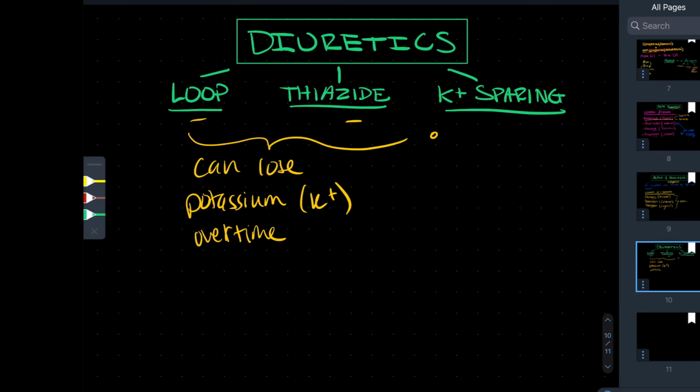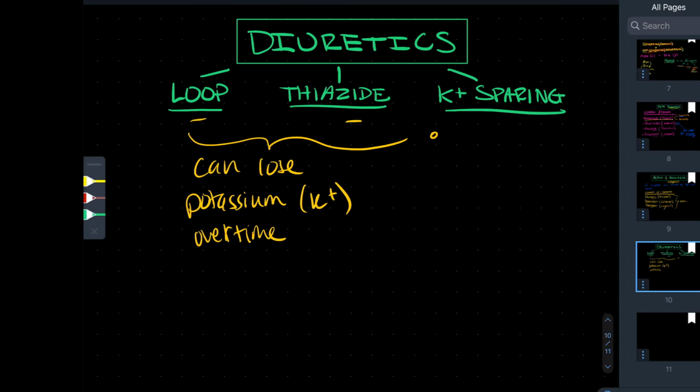Because basically the loop and thiazide diuretics are getting rid of all of your electrolytes, and your electrolytes are all your ions. So calcium, sodium, potassium. I'm sure there's others that I'm forgetting right now. But this can be really bad because potassium is really essential for everything in your body to function.